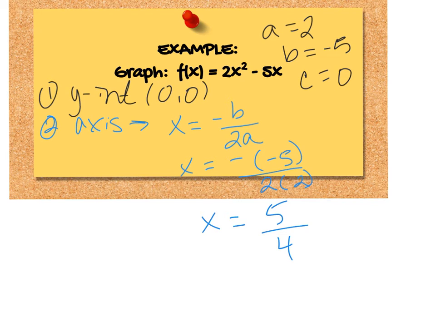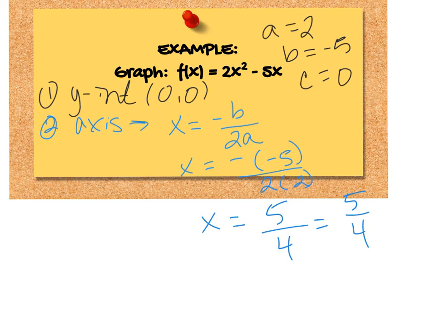So 5/4 is my axis of symmetry. So I'm going to probably make my scale go by fourths. All right, let's see what our y is. If x is 5/4, and you can make that 1.25 if you want, I'm going to leave it 5/4 and just see how far we get.